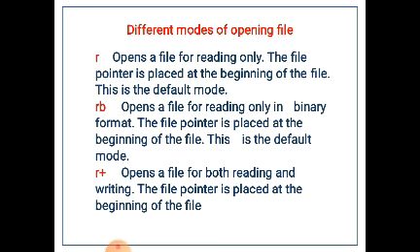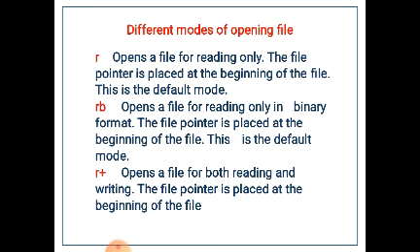The other mode of opening a file is small rb. You are seeing it in red letters on the screen. This is opening a file for reading but in binary format. You cannot understand anything that easily because binary format, as we know, contains only ones and zeros.